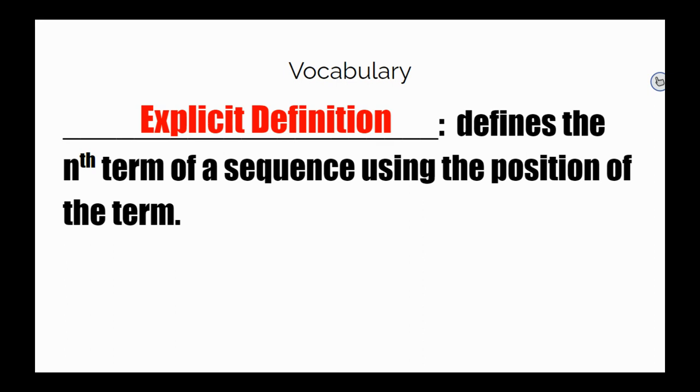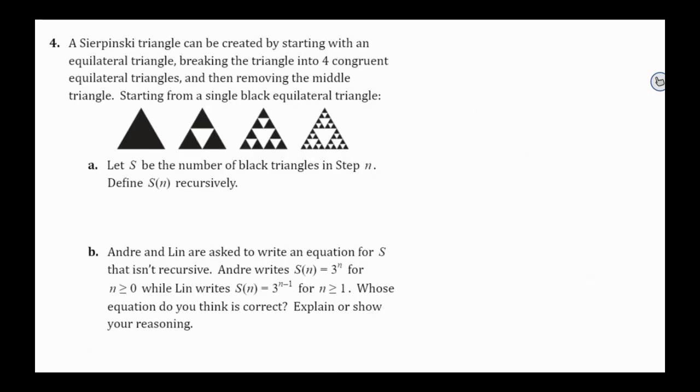Like if you're trying to find the 20th term, you don't want to have to find all 19 until you get to 20. You want to be able to just find the 20th one. That's what's so nice about an explicit definition. This is the kind of definition you would want to use on the ACT when these kind of problems show up, the explicit version, the equation version, rather than the recursive where you have to know each term.